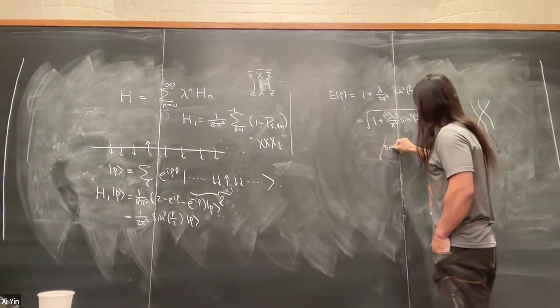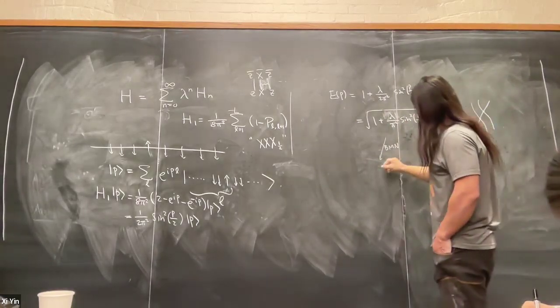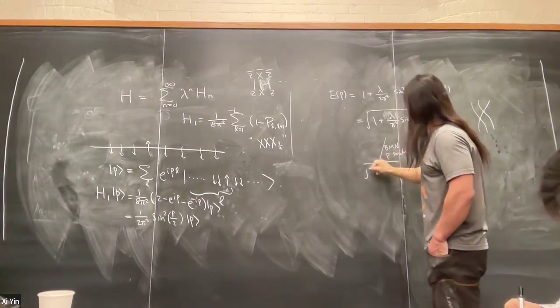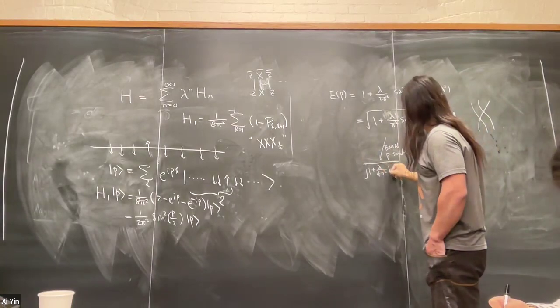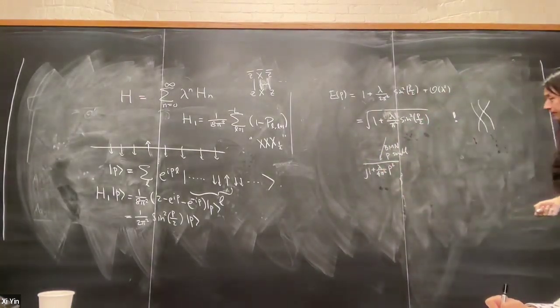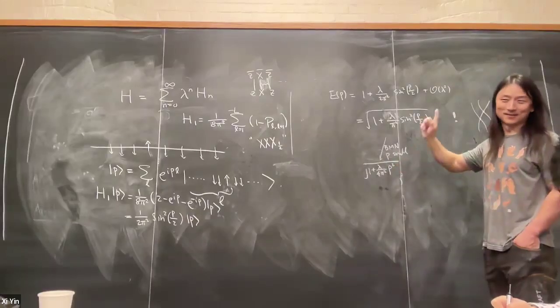One is the BMN limit. The BMN limit is when p is small, so this becomes 1 plus lambda over 4 pi squared p squared. That's the limit when you look at the relativistic dispersion. I mean, p small but lambda large.